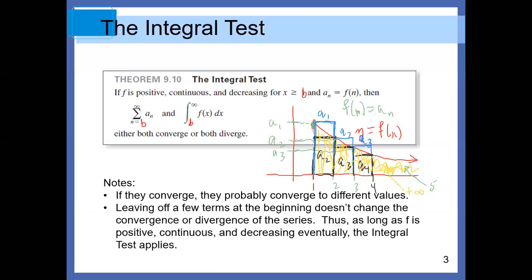But all I've done in the second case is I've slid the rectangles over. You see, I've slid the blue A2 rectangle over, and that first rectangle that was A1, I'm just throwing that out, right? I'm just looking at it from one perspective or the other, dependent upon what situation I find happening with the integral itself. If the integral is infinite, then which situation do I want to look at, Daniel?